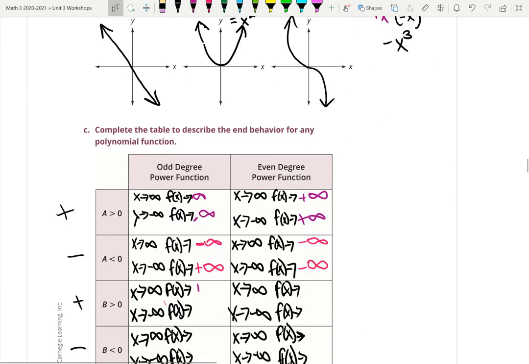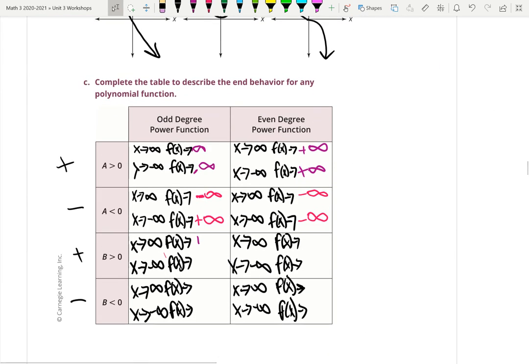So I'm going to copy these same rules here. x is positive infinity. Here, it's going to be negative infinity. It's just the same rules for the positives. Likewise, for the evens, it's going to be the same rules. It's going to be positive infinity.